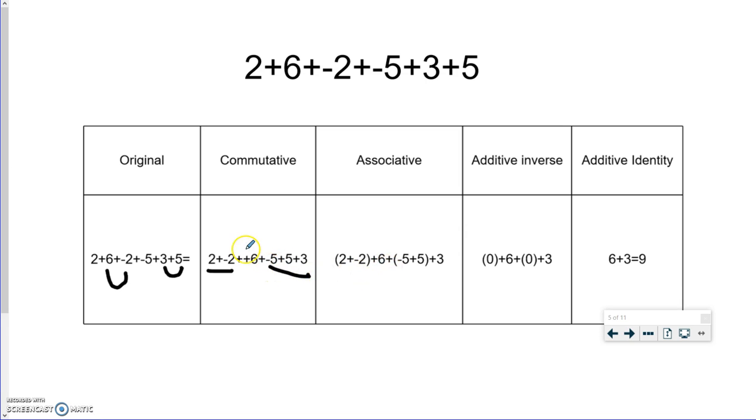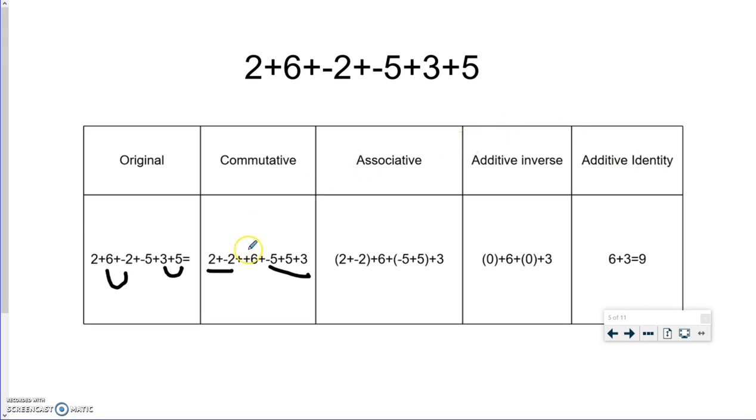Using the associative property, I can group those so they're solved on their own. Using the additive inverse property, I know that any number plus its inverse is going to give me 0. So, using the additive identity property, that tells me that 0 plus any number is that number, then I'll know that 6 plus 3 is equal to 9.